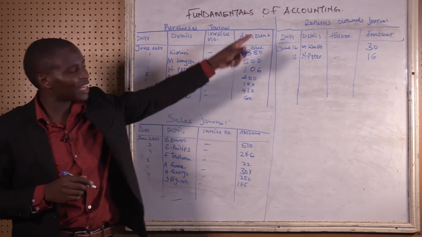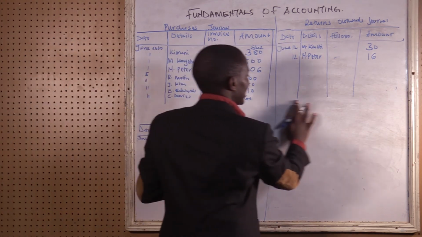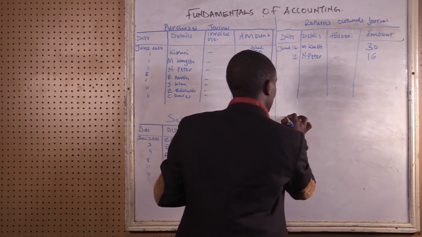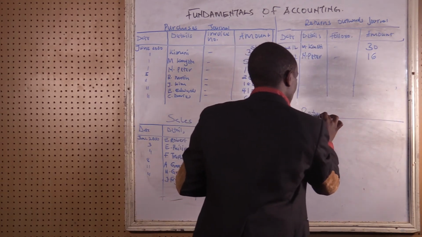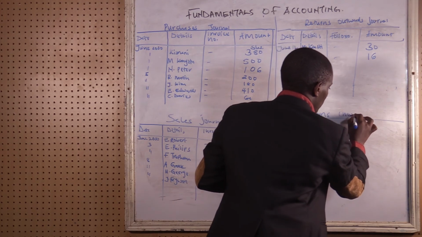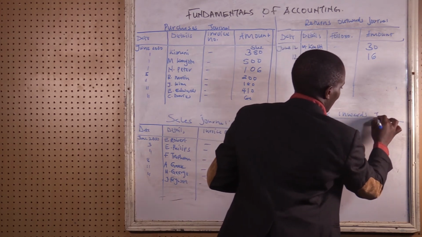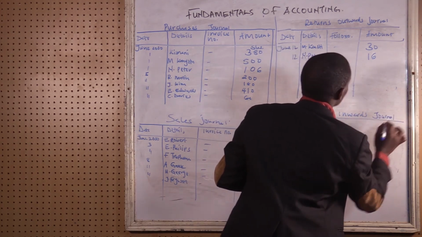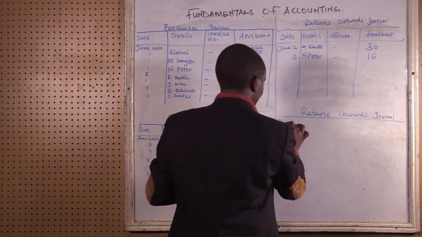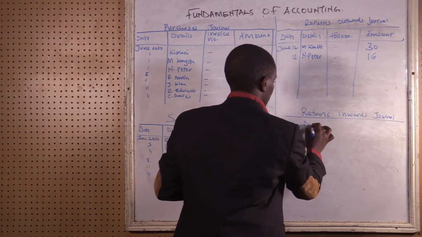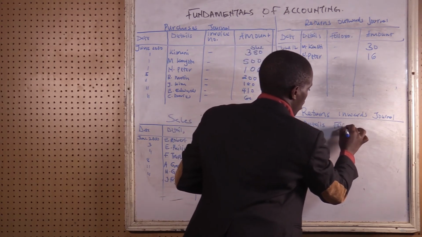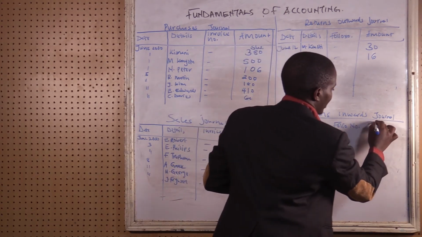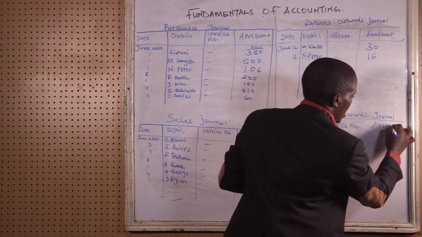Now that takes us to another journal. That is the returns inwards journal. We shall prepare a returns inwards journal. We shall have the date, details, folio number, and then the amount.